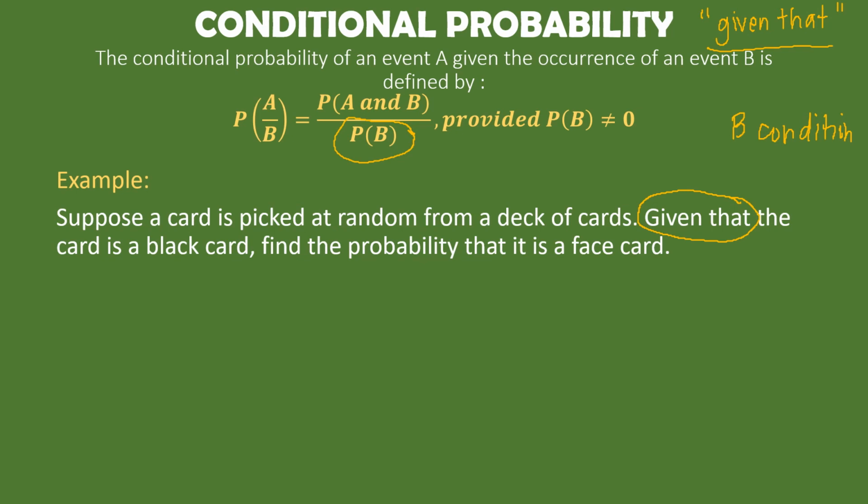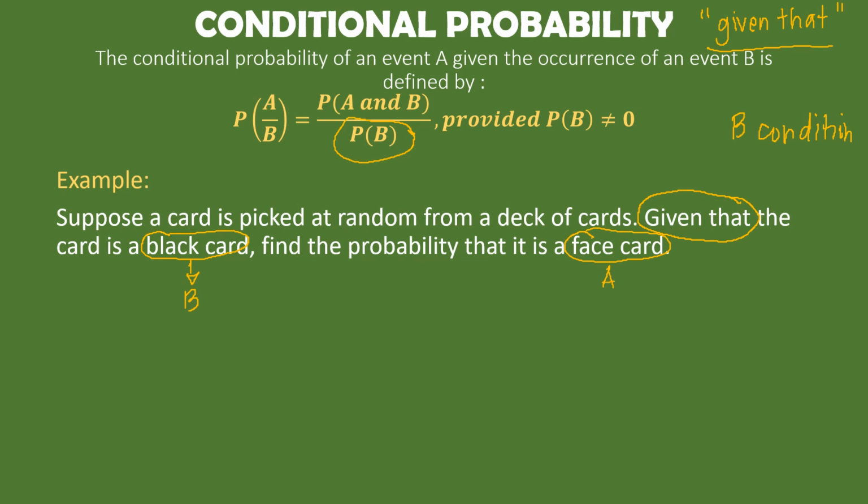So a certain event A will happen given that a certain event B happens. So based on this problem, which is our A, which is our B? Our B is the black card. This is the condition. And what we are trying to find, given that a black card is picked, is a face card.